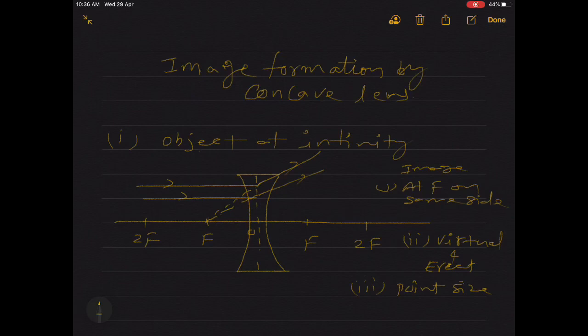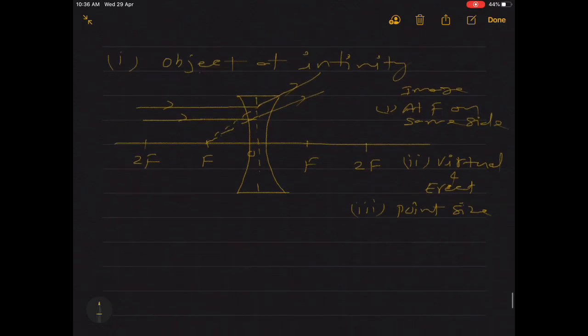We can have all 6 cases here also, but we will not take them in detail, because for every location of the object, the image is always formed between f and o, and its nature is virtual erect, and the size is smaller than the size of the object.